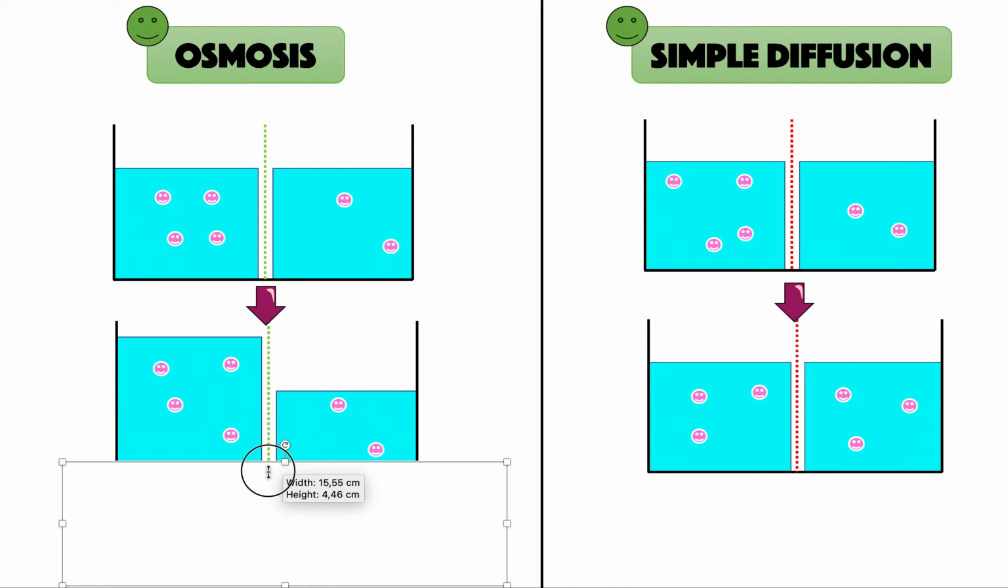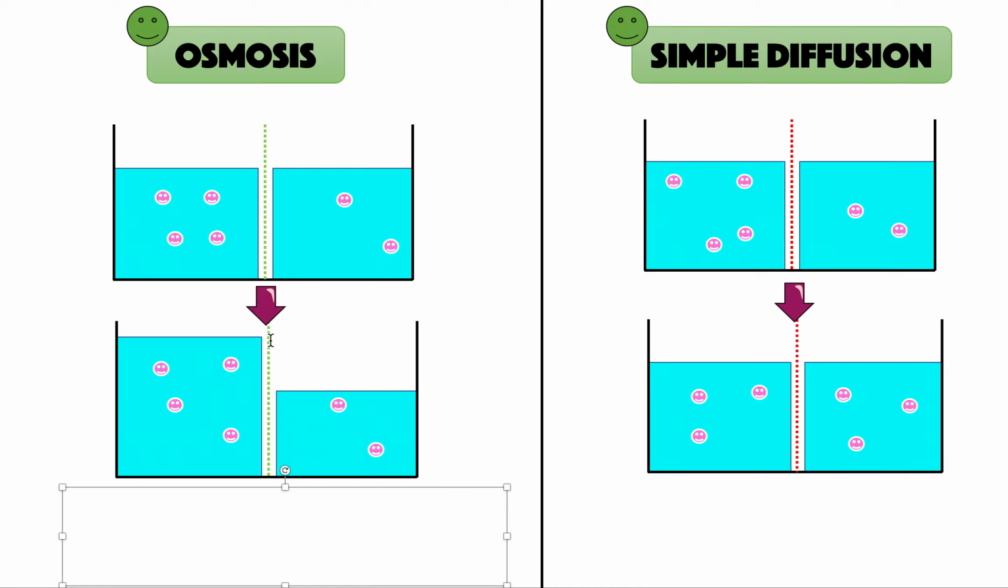So basically what's going to happen is this. Water molecules will move from this side to this side. Now, if we think about it, each of these four molecules have their own square of water, their own area of water, just like these two. So it's now even. We've now reached an equilibrium. Both sides now are equally concentrated.